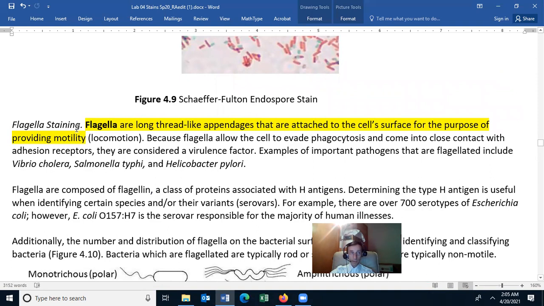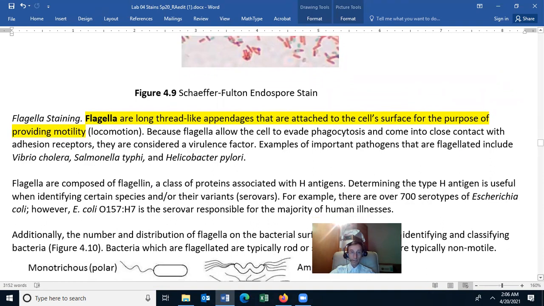Eukaryote cells can swim by flagella, but also by cilia, which bacteria do not have. Eukaryotes can also move by pseudopods, which bacteria do not have.